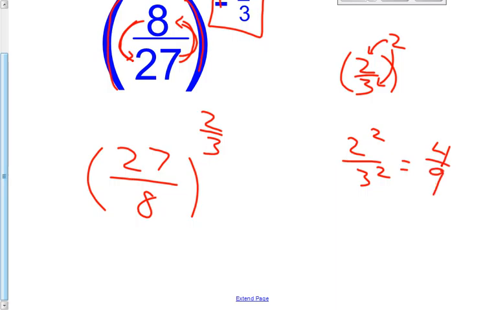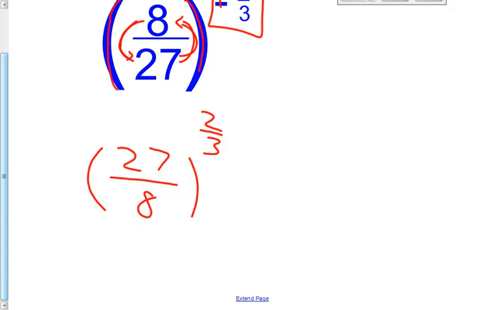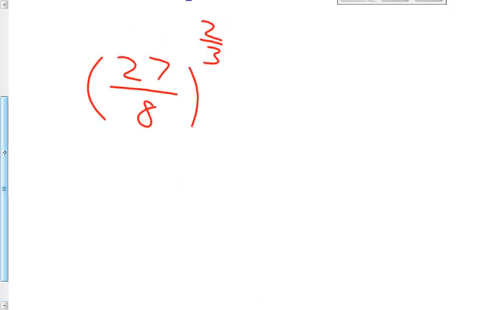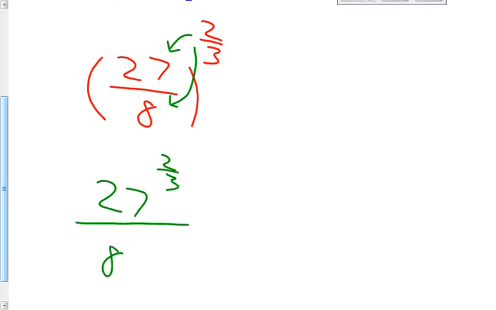So using that rationale, we're going to bring the 2/3 and have the exponent to the 27 and the 2/3 to the exponent of 8. So it's 27 raised to the 2/3 over 8 raised to the 2/3.